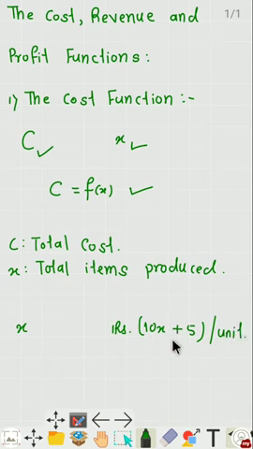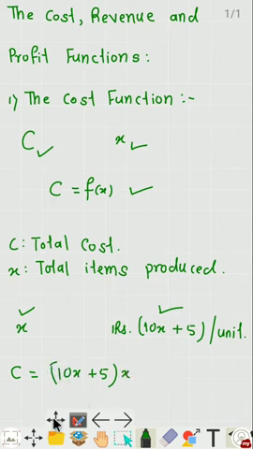So the manufacturer produces x number of units, and to produce each unit we require that much cost. Then the total cost is the product of 10x plus 5 and x.